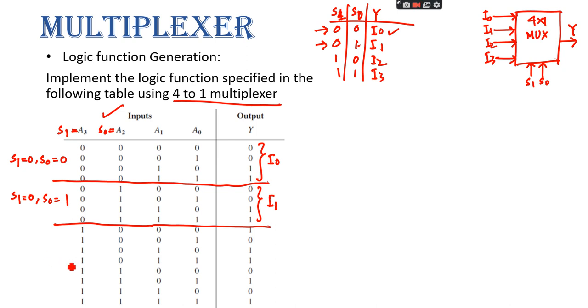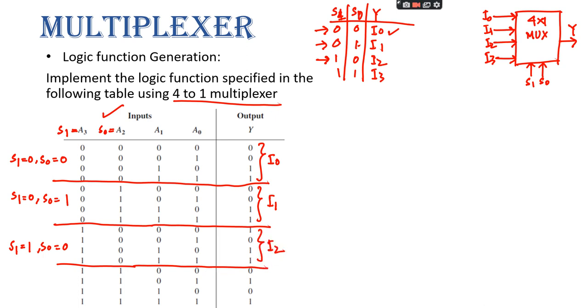Yes, sir. So for the next 4, you have S1 1 and S0 0, right? So this is the third combination for which your output should be I2.